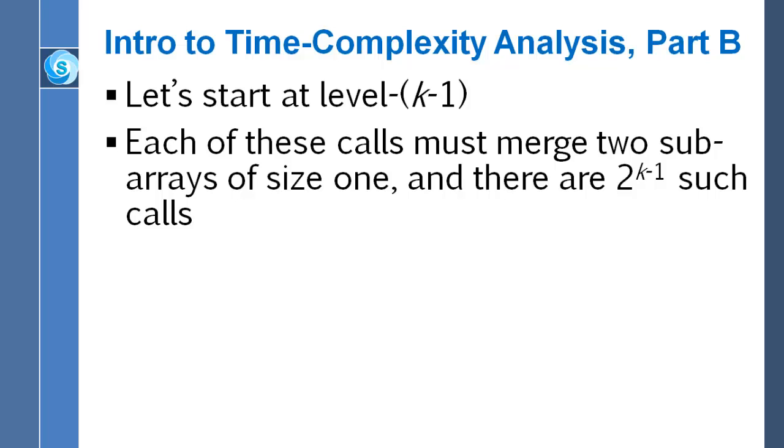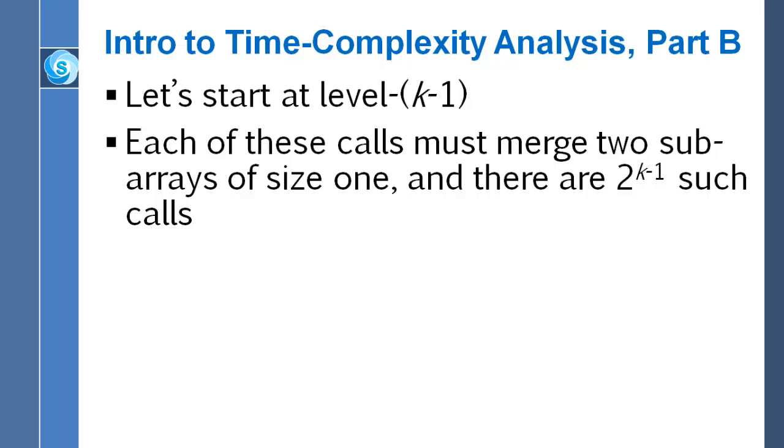Okay, and how many of these level K minus 1 calls are there? Well, again, there are 2 to the K minus 1 of them, right? There are 2 to the K minus 1 level K minus 1 calls, each of which is responsible for sorting 2 elements. And, well, if you think about it, how much time does all of that take? How many numbers are going to be examined in the original array, right?